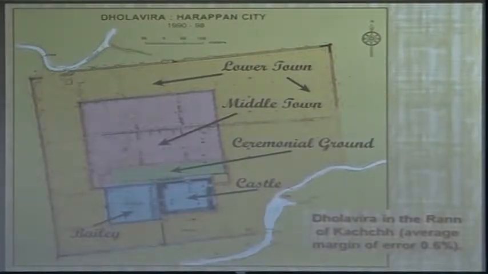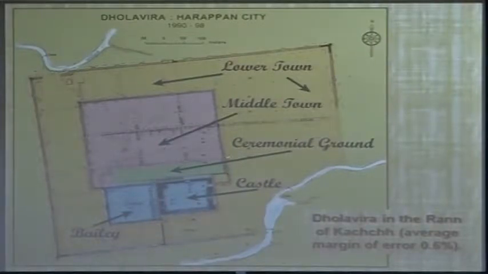And here you find that the city has made basically 3 divisions, not 2 as earlier, but 3. This is the upper city here, consisting of 2 structures, which the archaeologist Dr. R.S. Bisht gave certain names, which are slightly arbitrary. But this is the bailey, this is the castle, because of the very thick fortifications, those walls reaching up to 19 meters in thickness.